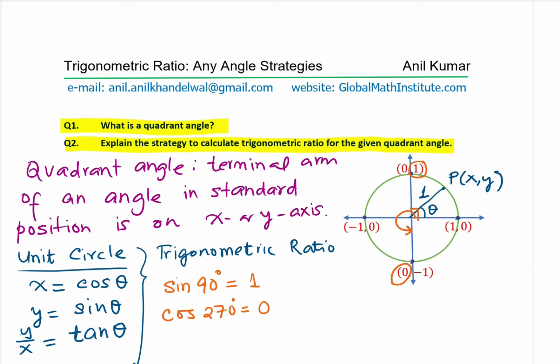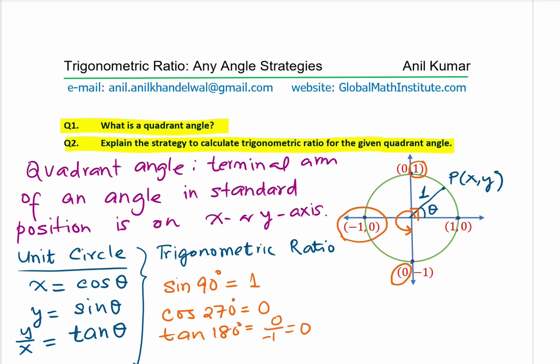And if my question is, what is tan of 180 degrees? Now for tan of 180 degrees, you're looking at this point, and the ratio of y over x is 0 over -1, which is 0. So you get your value of the tan of 180 degrees. So it is very easy to find the value of the quadrant angles. Correct?